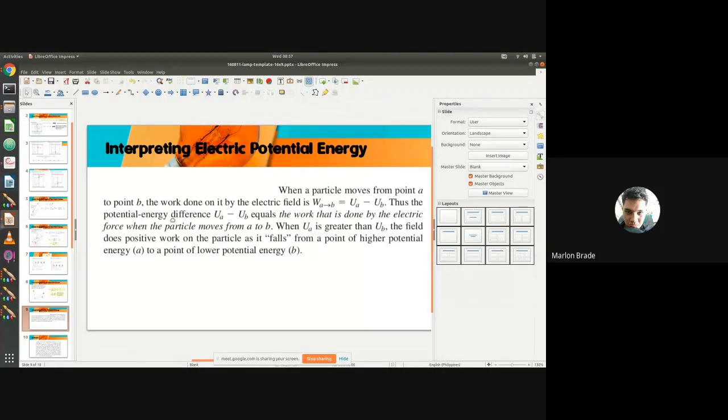Thus, the potential energy difference U A minus U B equals the work done by the electric force when the particle moves from point A to point B. So when U sub A is greater than U sub B, the field does positive work on the particle as it falls from a point of higher potential energy to a point of lower potential energy B. Okay?